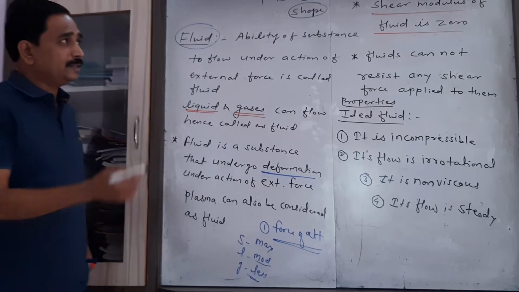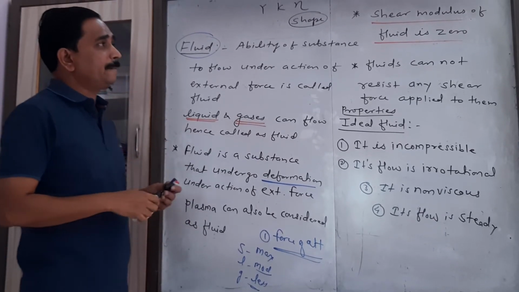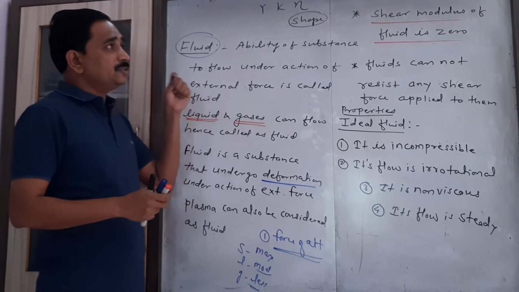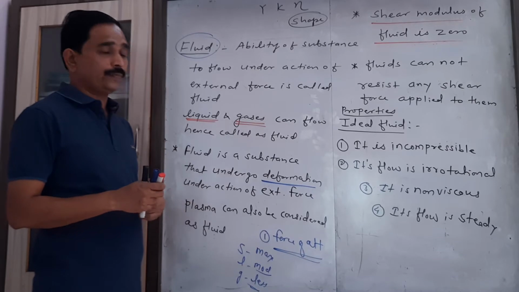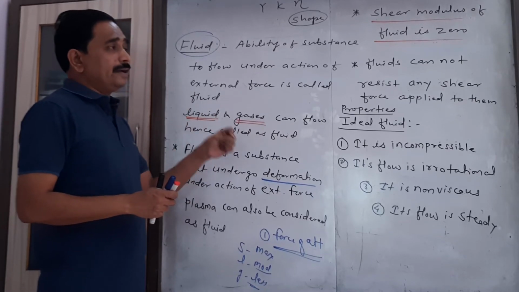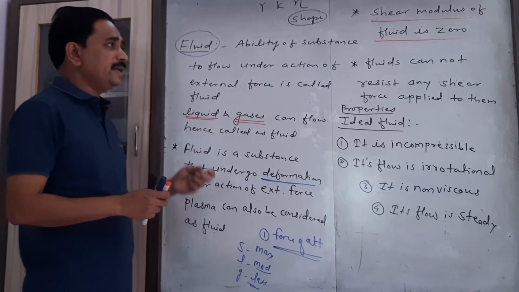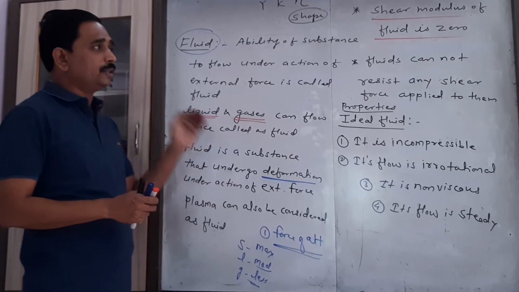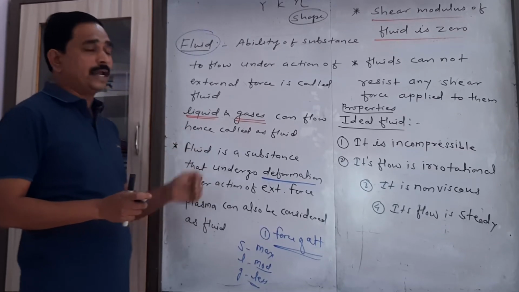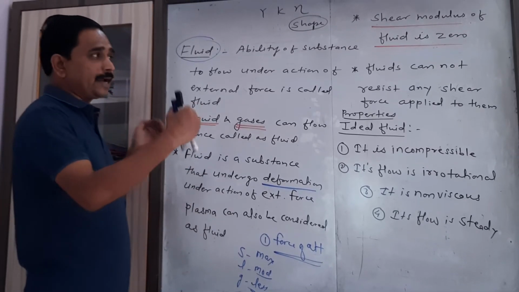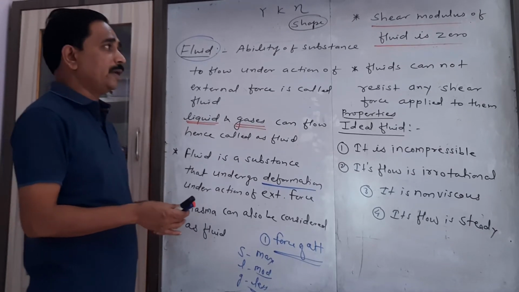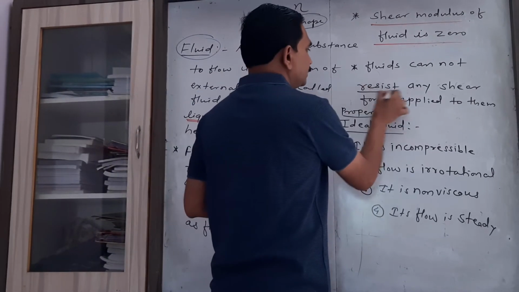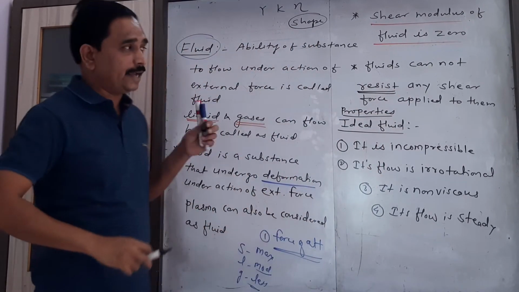When we apply some force on a body, whatever the effect on that body, the shear modulus of a fluid is 0. A fluid cannot resist any shear force applied to it. Whatever force is applied on a fluid, it is unable to produce a reaction force. That's why liquid and gas don't oppose the external force.